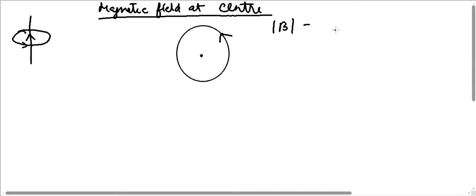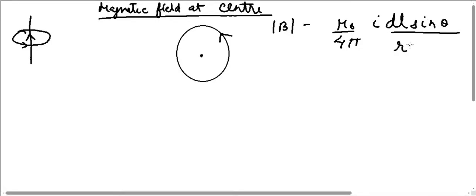Magnitude is given by mu naught by 4 pi I dl sin theta by r squared. So here if I draw a tangent, suppose I want to find this point. So here, dl vector, let me take a small element here.